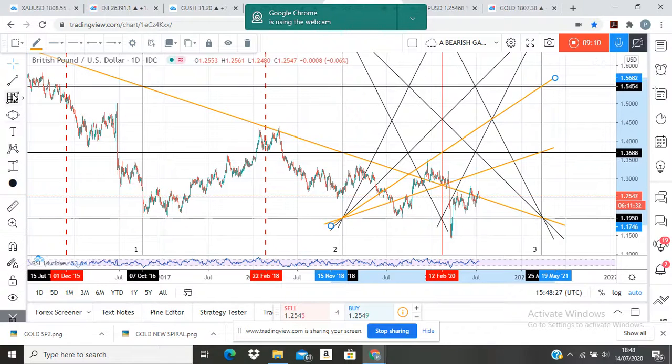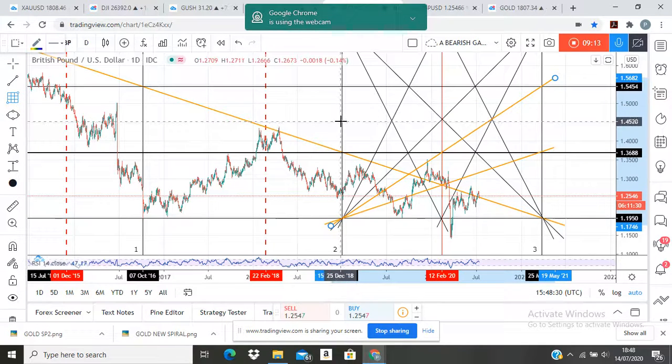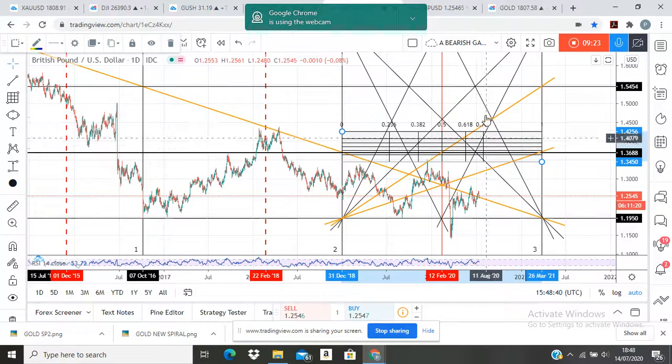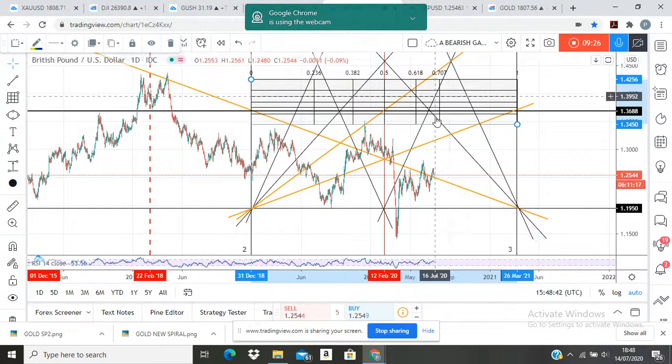If we check for the whole square, this is the whole square, and then we realize that the 0.707, this one, which we call the sacred cut, also exactly is on 30th of July, which coincides with the 0.618 level that we found in the previous video as for the remainder side of the 3.0 square.